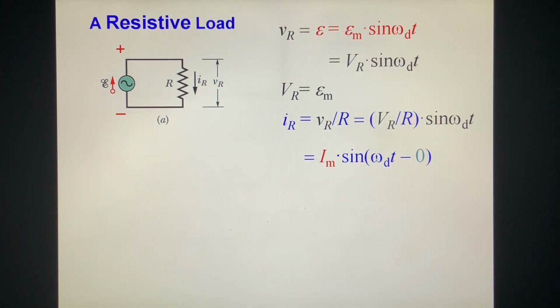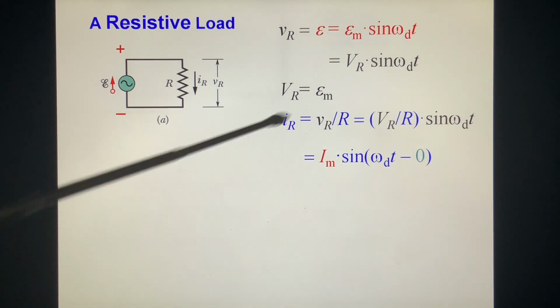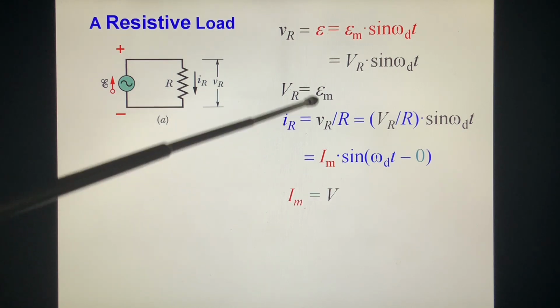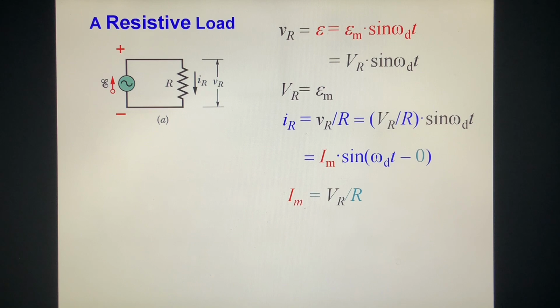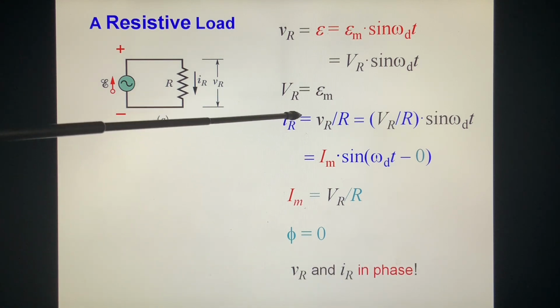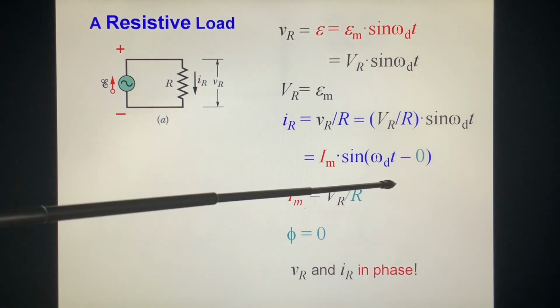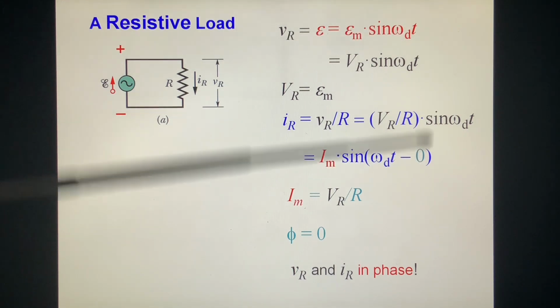What this means is, in our case, we need two things, I and phi. In this case, Im is VR over R, and phi equals 0. So we put VR and IR: they are in phase, no phase difference.